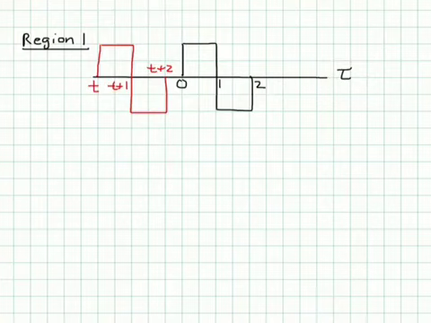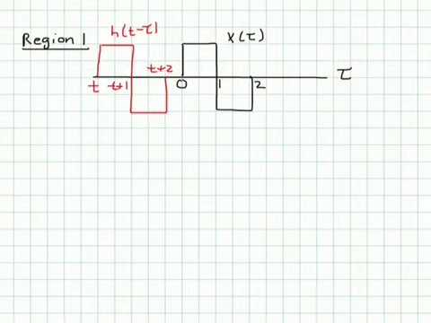For all of these graphs, the black curve is always going to be the sketch of x of tau, and the red curve is always going to be h of t minus tau. I've sketched them on the same graph so that I have them together.